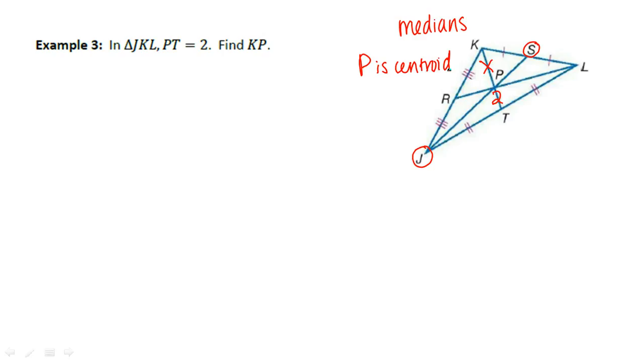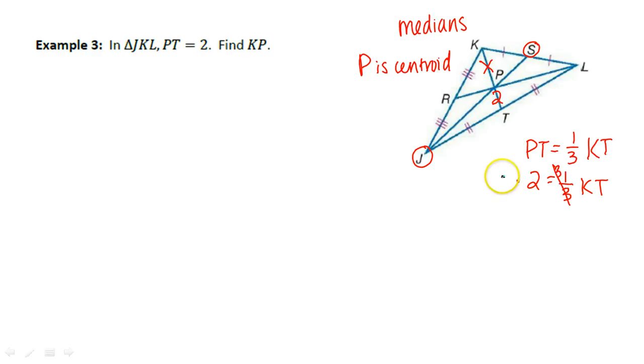So right now, PT is equal to 1/3 of the whole. The whole would be KT. So PT is equal to 2. That's 1/3 of KT. So you could multiply by 3 on both sides to get rid of that 1/3 to get KT by itself.